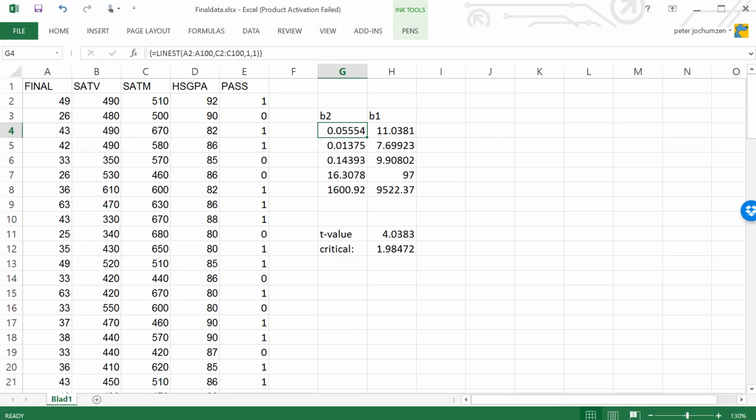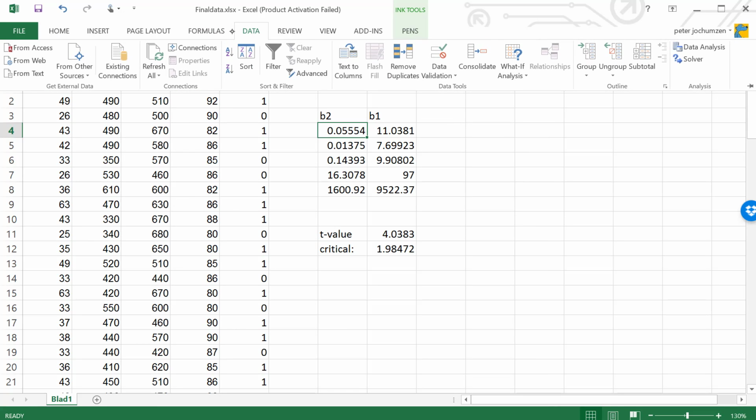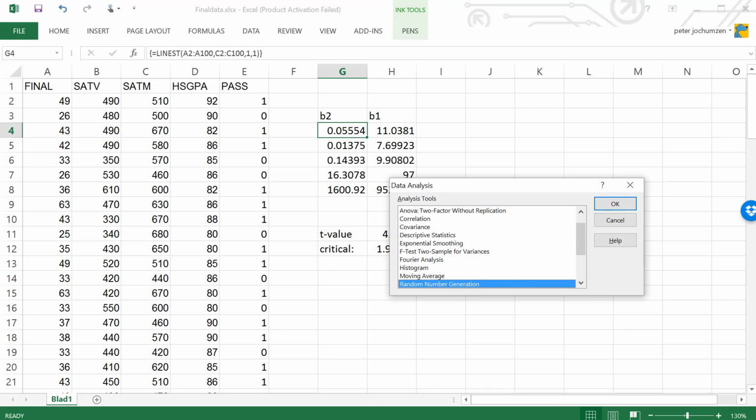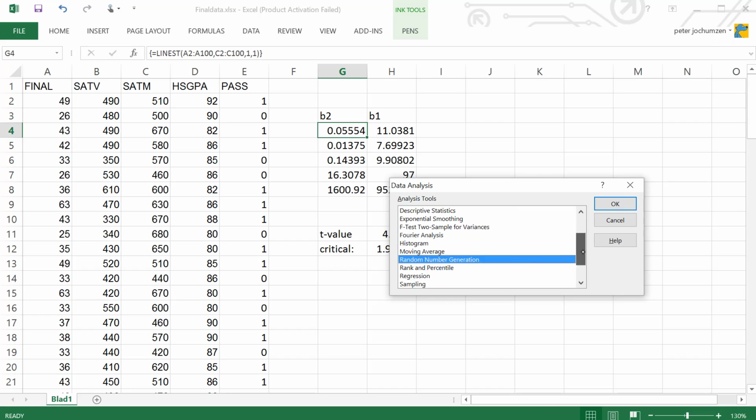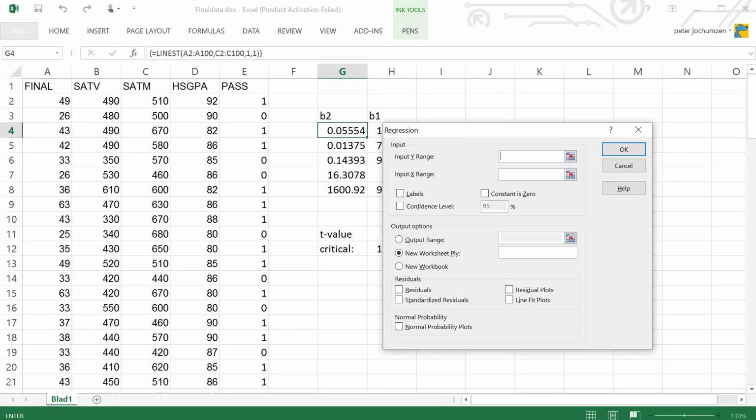Then you go to Data, click on Data Analysis, and this has something called Regression. Click OK, and then you have to tell Excel your Y and X range.